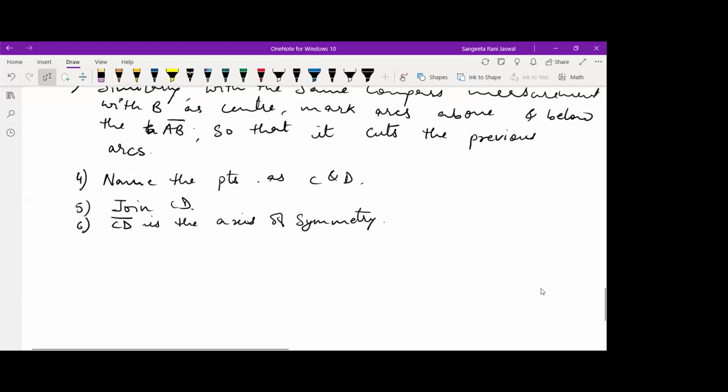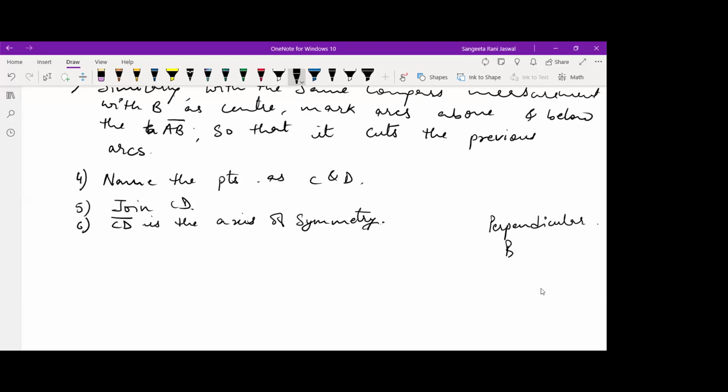We are just answering the question. In the question, it was asked to construct the axis of symmetry. So we are writing axis of symmetry. Axis of symmetry is nothing but perpendicular bisector. If in this question, in place of axis of symmetry, it is written perpendicular bisector, construct a line segment of 7.3 centimeters or any centimeter and make its perpendicular bisector, then you have to do the same thing.